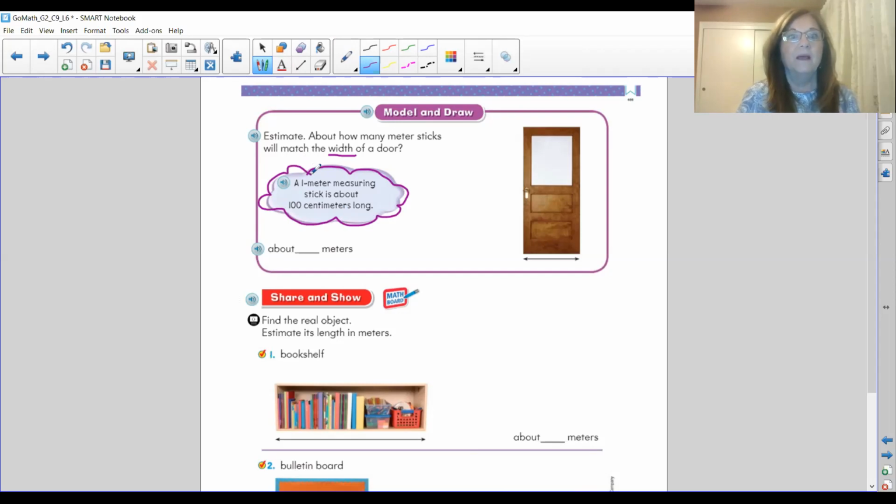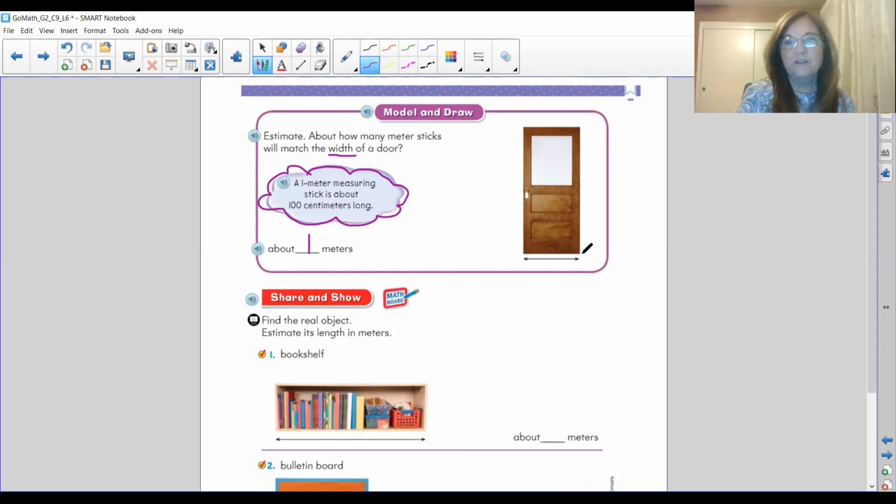So the width of the door is probably about 1 meter, or more or less, but about 1 meter. And of course, if we were measuring the length of the door, we already did that, and that would be about 2 or 3.